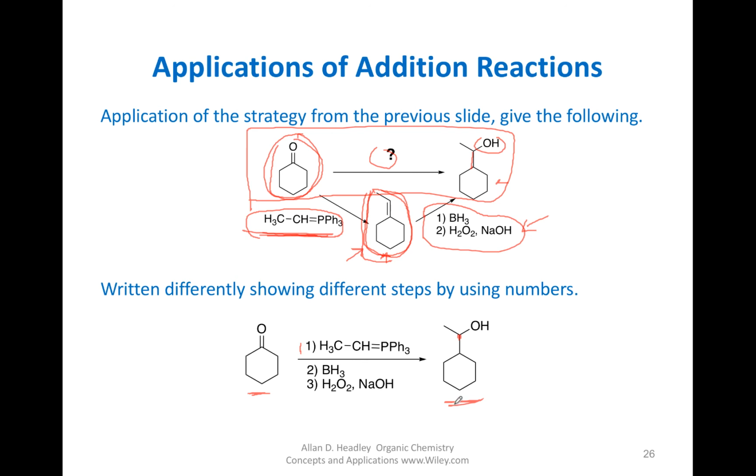So what's expected if you should get a synthesis question? I should not say if, when you get a synthesis question, because all the quizzes and exams from here on will have at least one synthesis question. What's expected is either one of these as your answer. You could write it out step by step, or you could just include on the arrow the various steps.